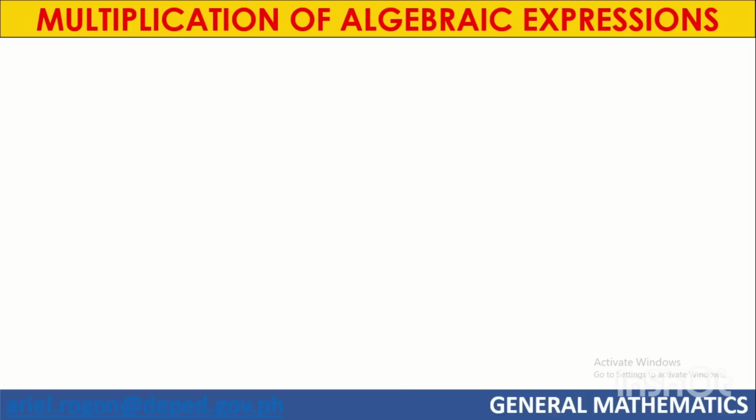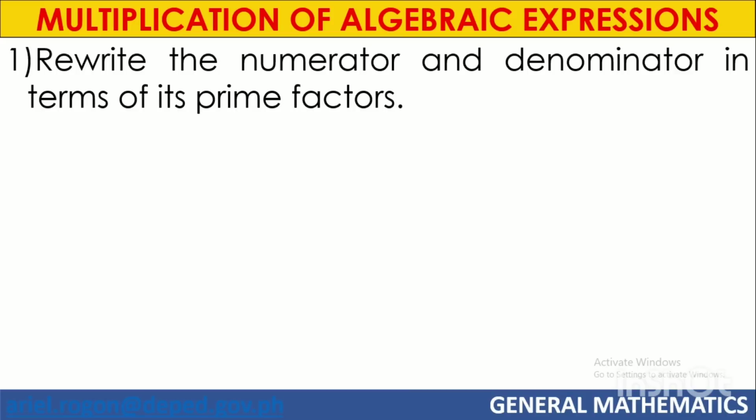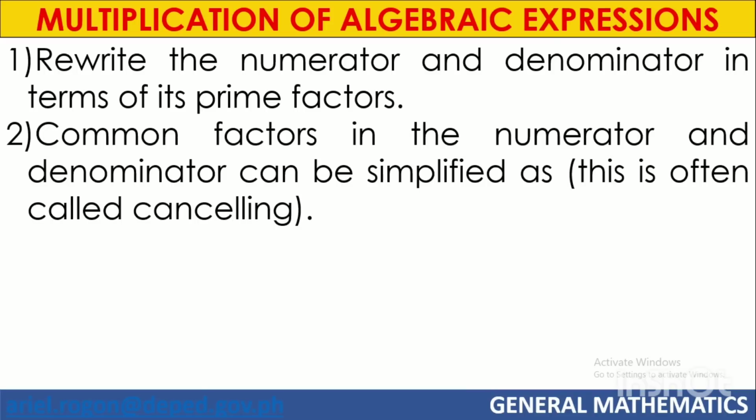What about multiplication? These are the rules. Rewrite the numerator and denominator in terms of their prime factors. Common factors in the numerator and denominator can be simplified, which is often called cancelling. So we cancel in multiplication.